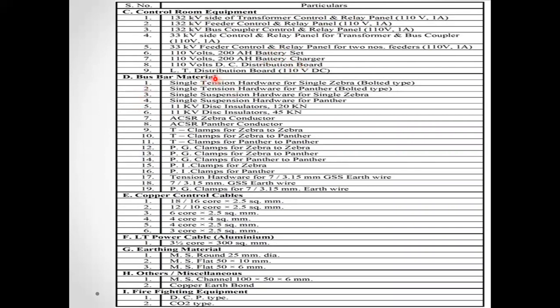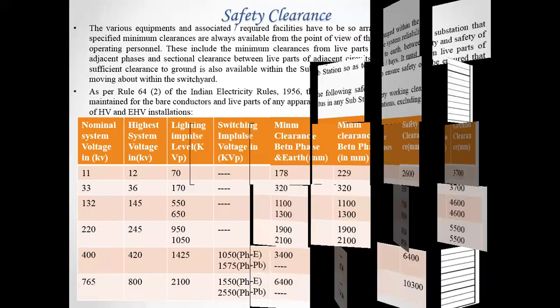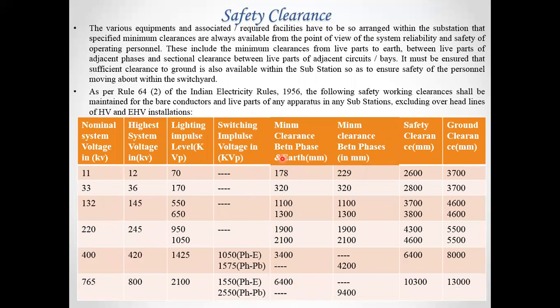Then bus bar material, again single tension hardware, and clamps will be required. Then copper control cables are required for distribution. Then low tension power cables, which will be made of aluminum. Then we require earthing material. All those are the list of materials required for the grid stations, substation grids.